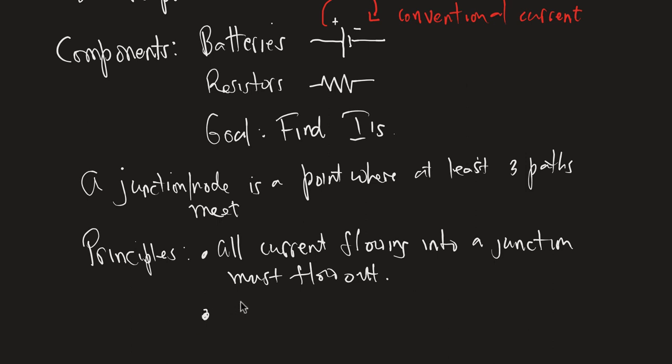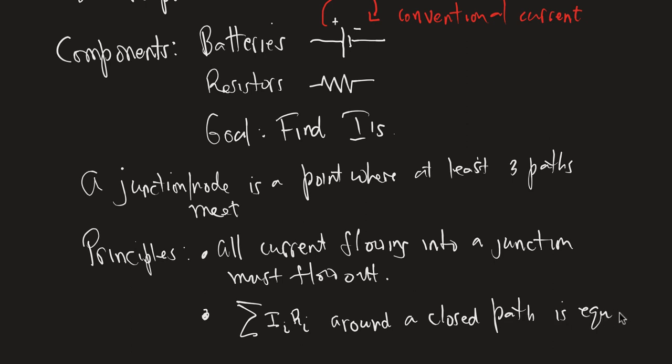So what it says is this: the sum of the product of I, so the current, and the resistance, so the sum of this product around a closed path, and I'll show you what that means in a second, is equal to the total voltage in the path, right?